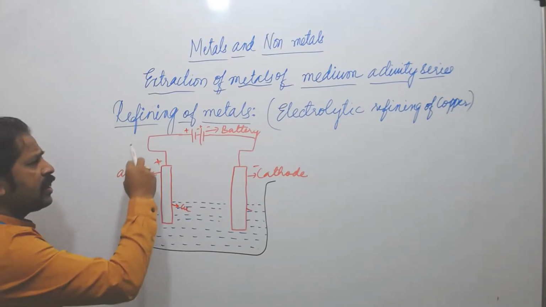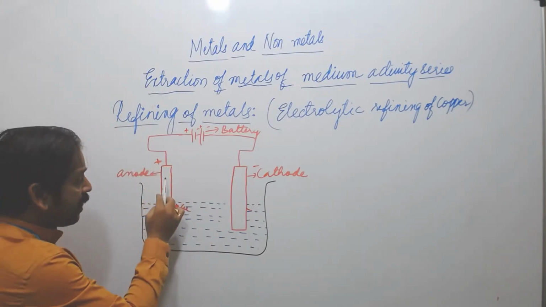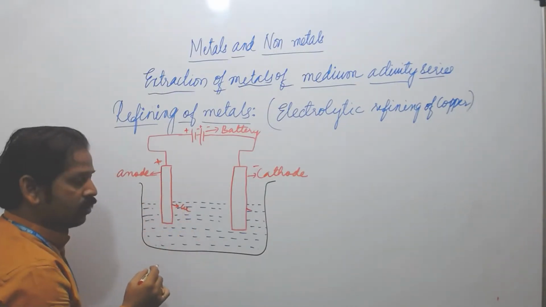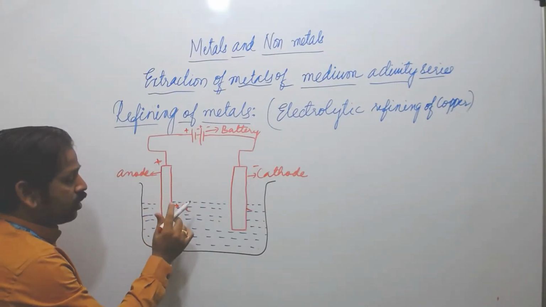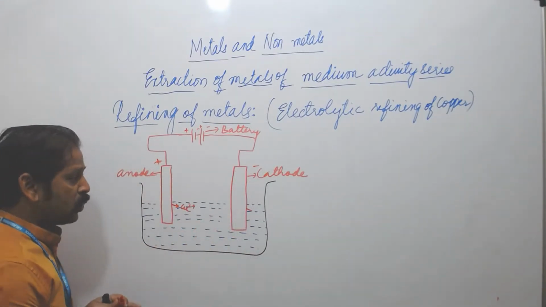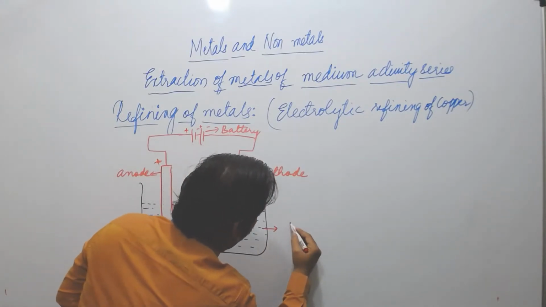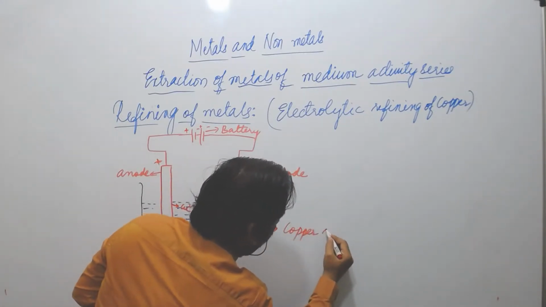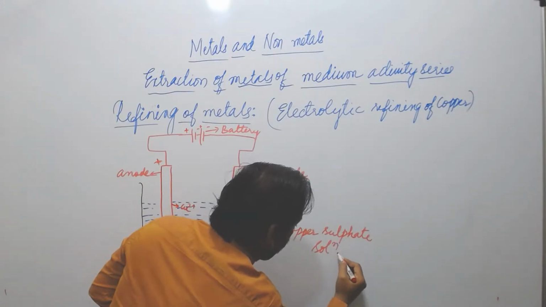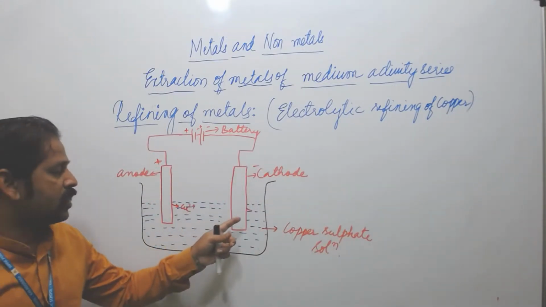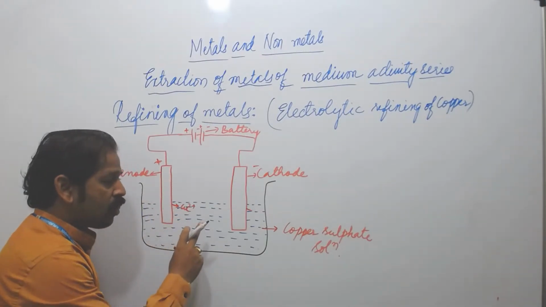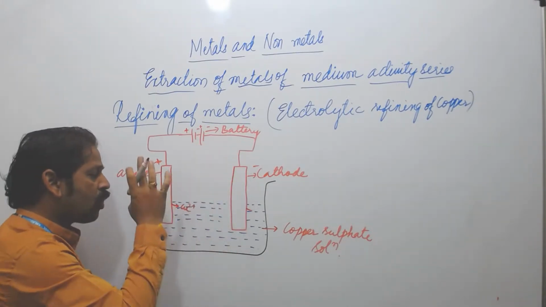What happens when the electricity is supplied? The copper present on the anode dissociates, losing electrons, and Cu2+ will move towards the copper sulfate solution. We are refining the copper from copper sulfate solution. That is electrolytic refining of copper.